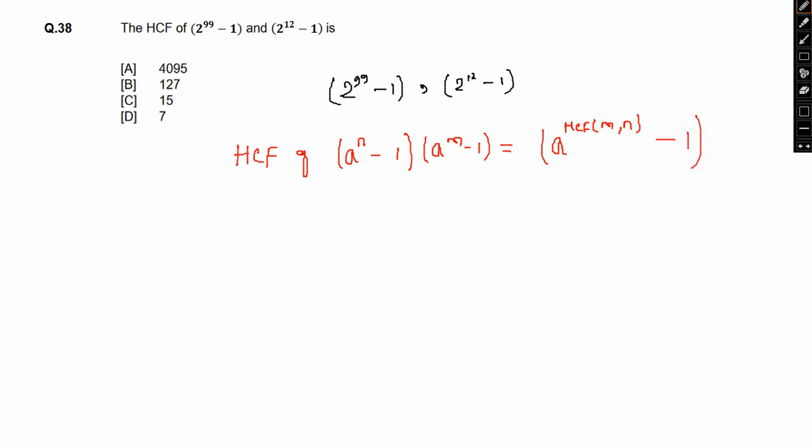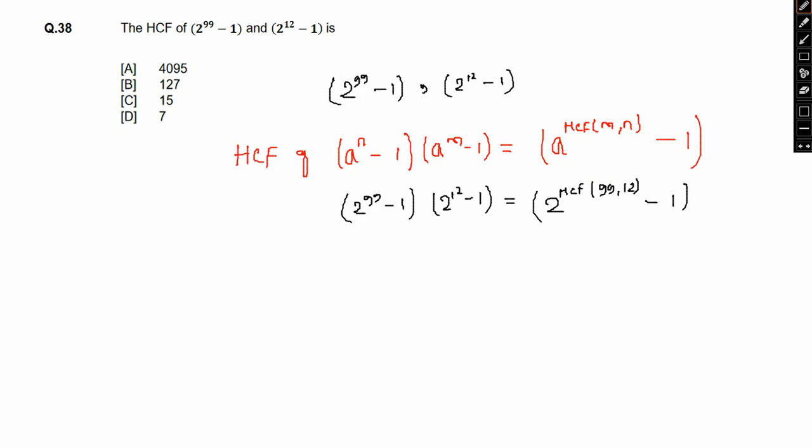So what we have here is 2 to the power 99 minus 1 and 2 to the power 12 minus 1. So this can be written as 2 to the power HCF of 99 comma 12, minus 1.